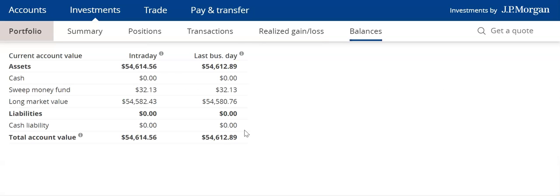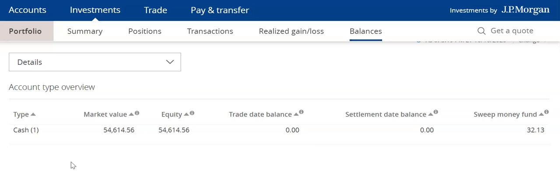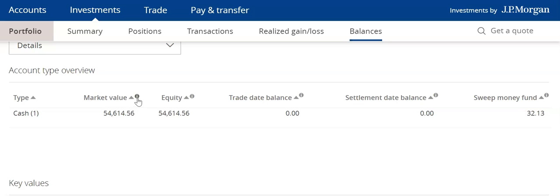What you can also do, moving on to the balances tab, is view the value of your account on more of an accounting spreadsheet. Now, if I click the details drop down in the balances tab, it will take me to this page here where I can see a wealth of information on the market value, equity, and other types of information, sweep money fund information.